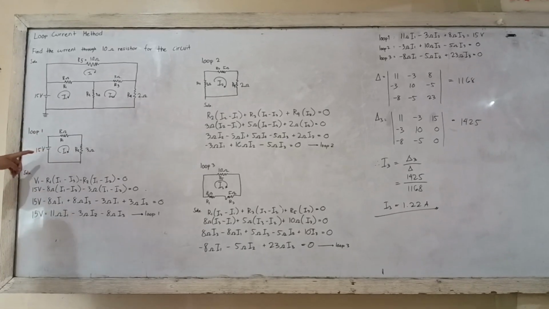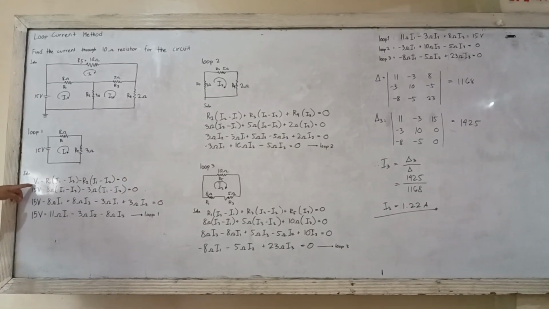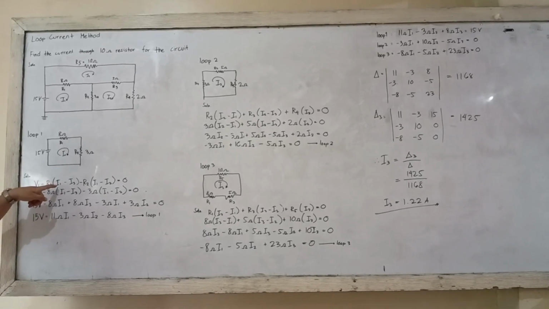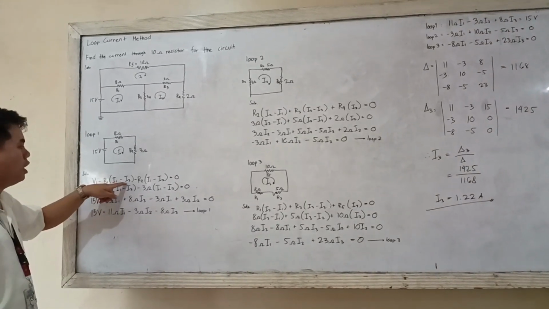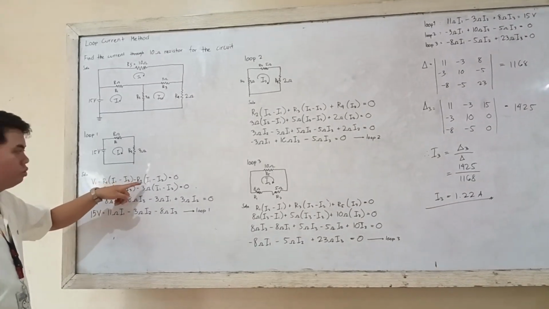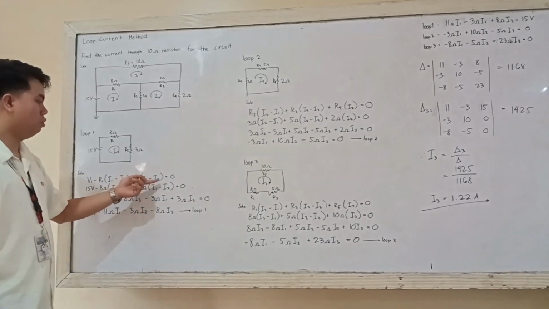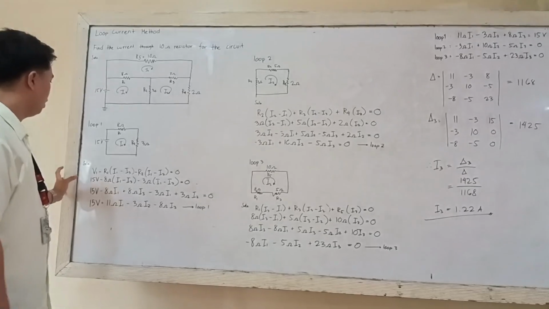From our loop number 1, we can now solve V1 minus R1 times quantity I1 minus I3, minus R2 times quantity I1 minus I2, is equal to 0.